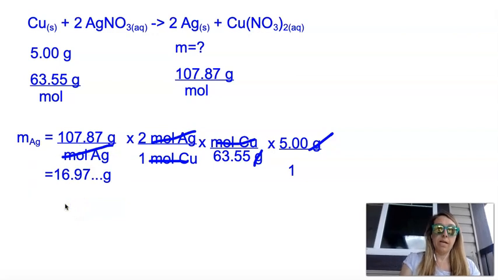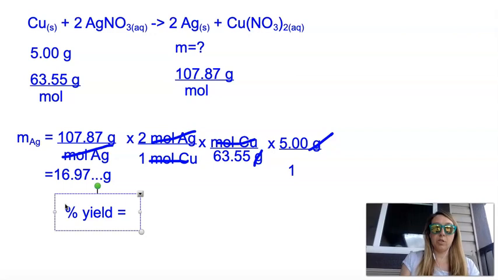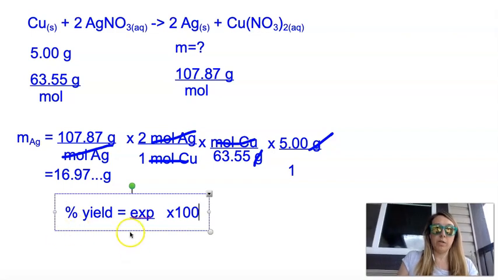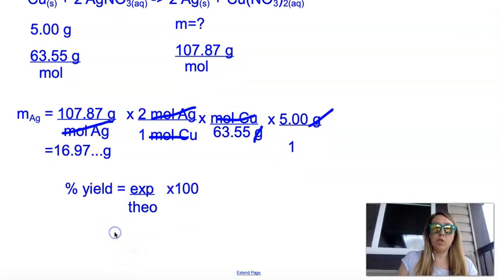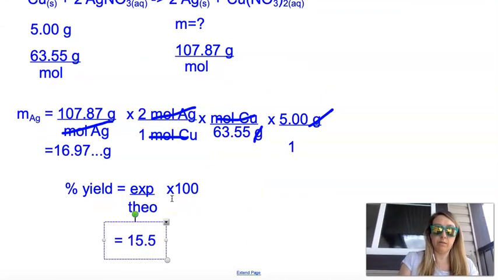Okay, but now that I have that, I can calculate my percent yield, right? Because we've established that it's experimental over theoretical times that 100, right? And so now we have all those pieces, right? The question gave us the experimental. So we had, what was it, 15.5 grams.